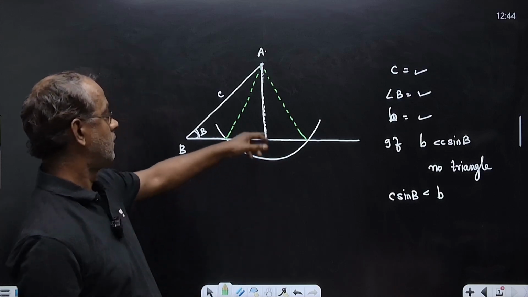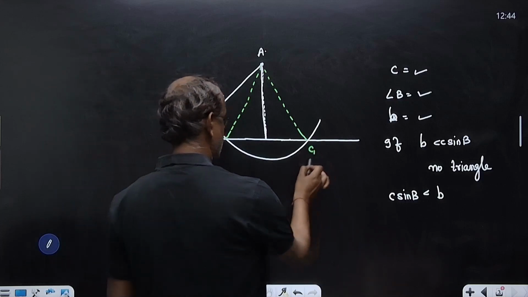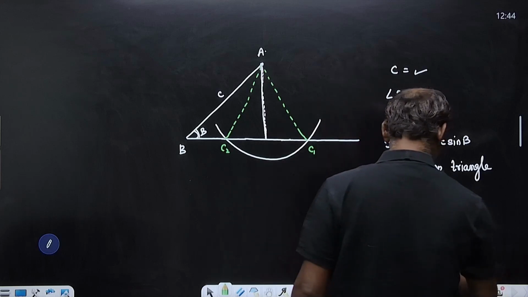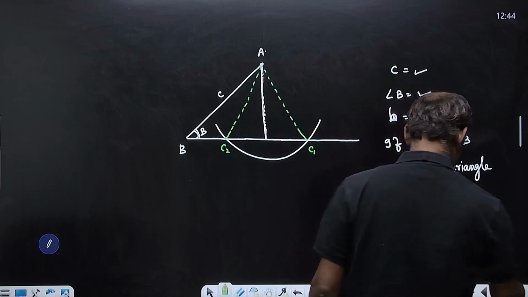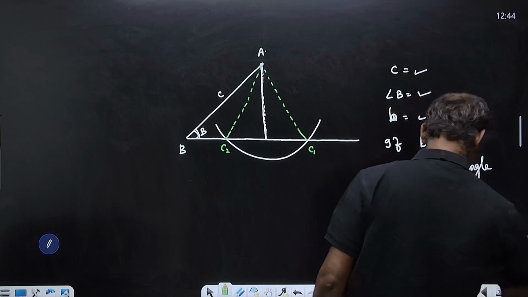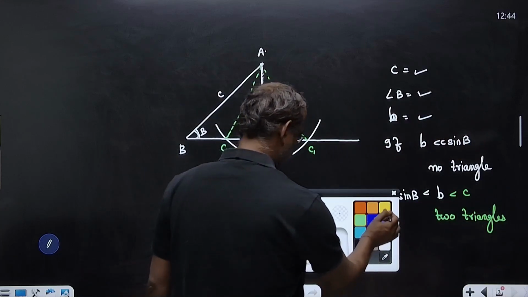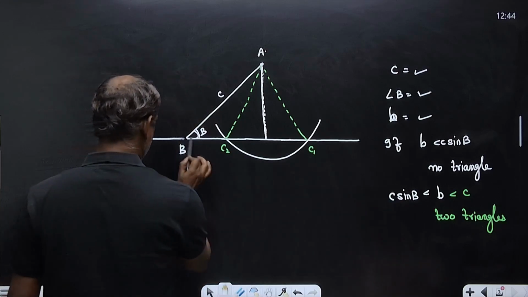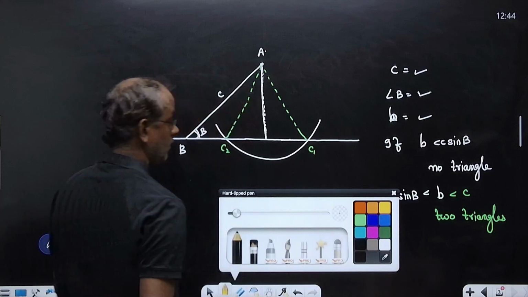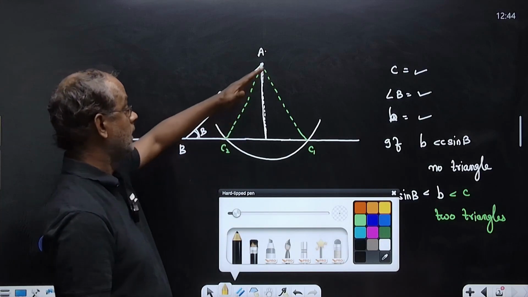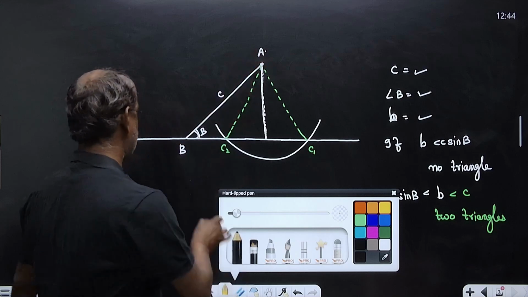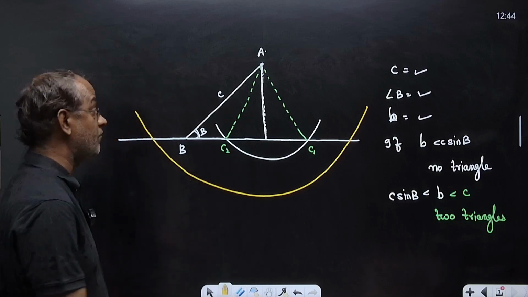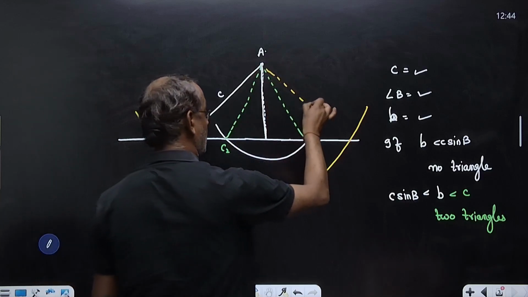These are C1 and C2. But if b has to be less than c, you have two triangles. In case you come across a situation where side b exceeds side c, the circle that you will get will intersect like this, so in effect you are getting only one triangle.